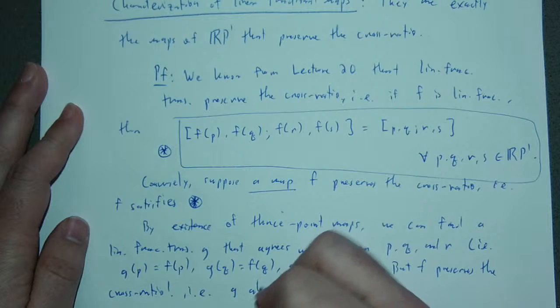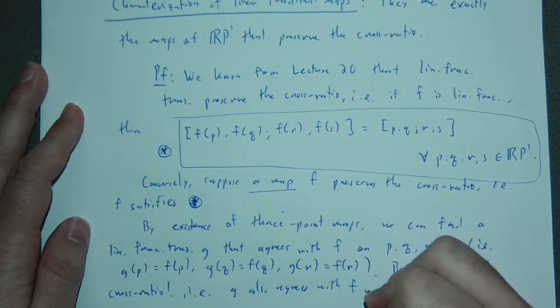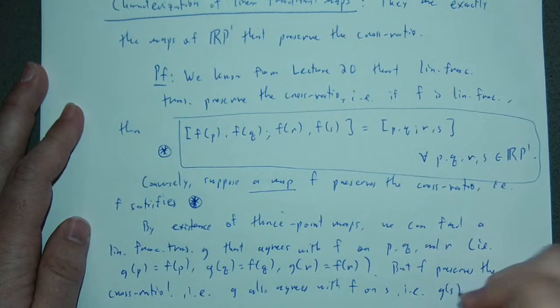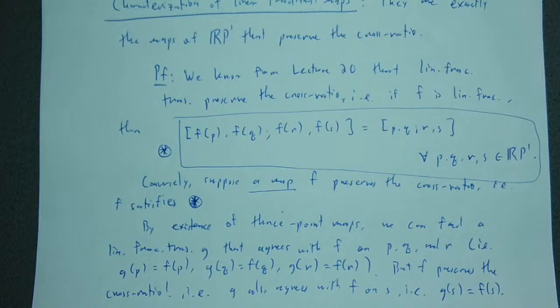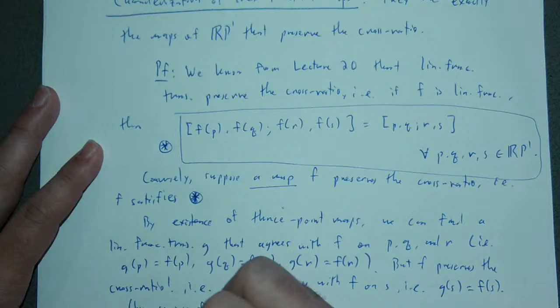So G also agrees with f on S, i.e., G of S is equal to f of S. This is by unique 4th point determination again.